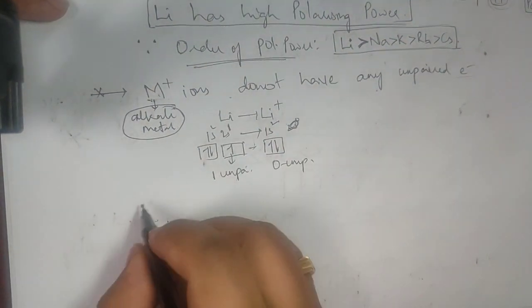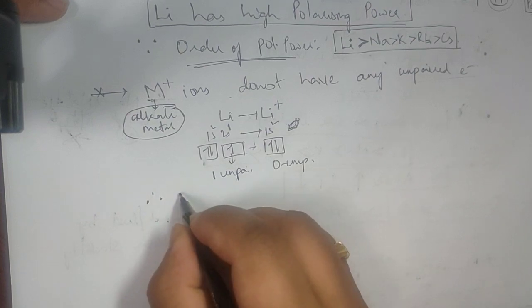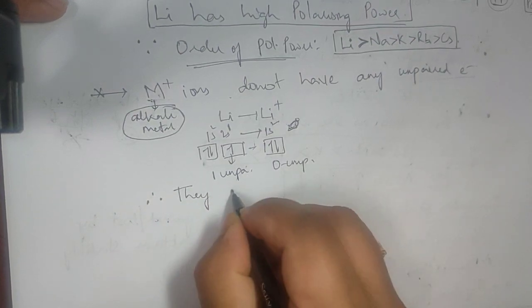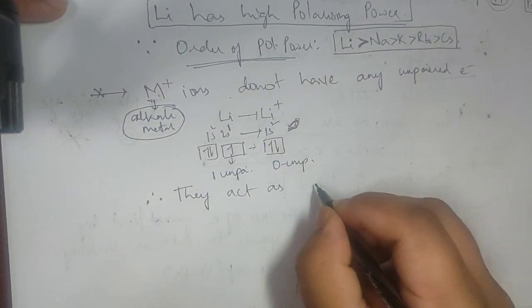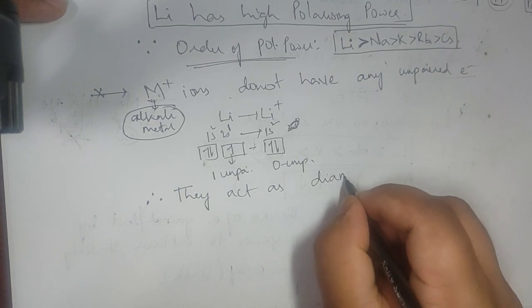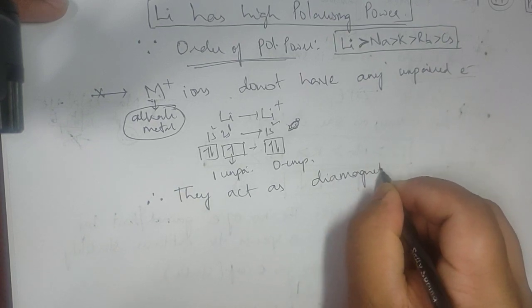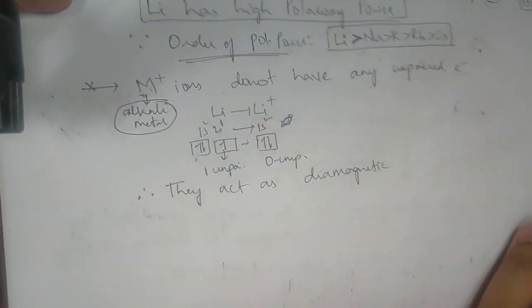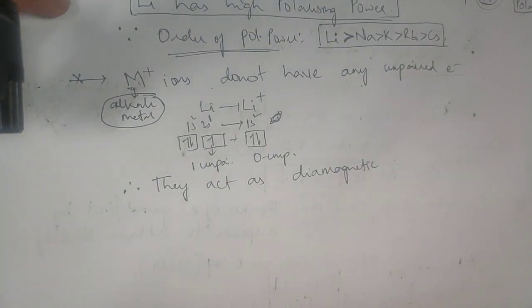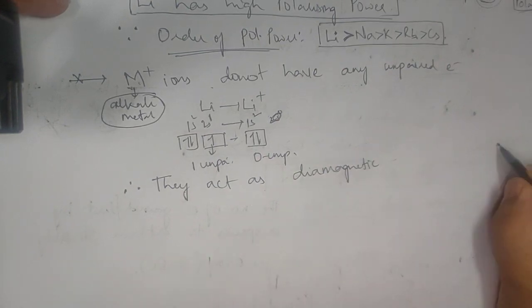By this phenomenon, I write like this: they act as diamagnetic. Remember this regarding magnetic properties or magnetic behavior. I will tell you one trick. Remember Uttar Pradesh, UP.